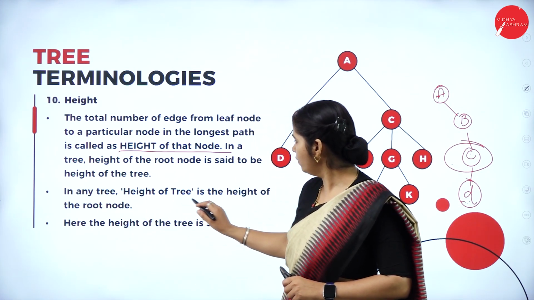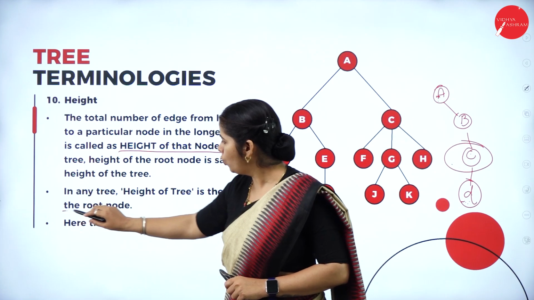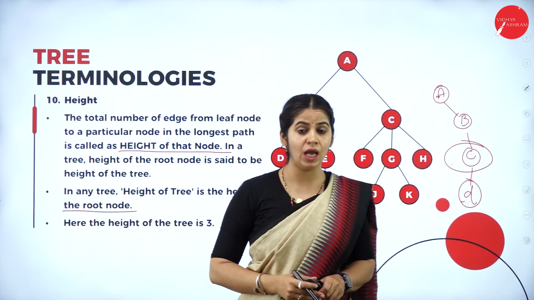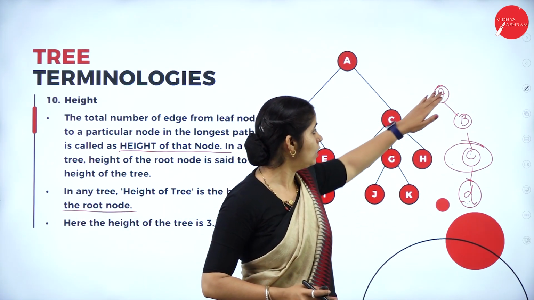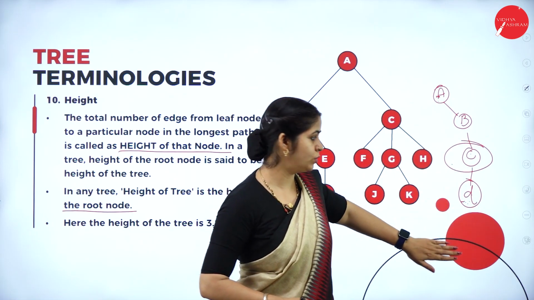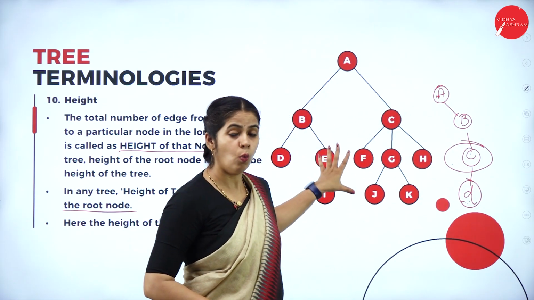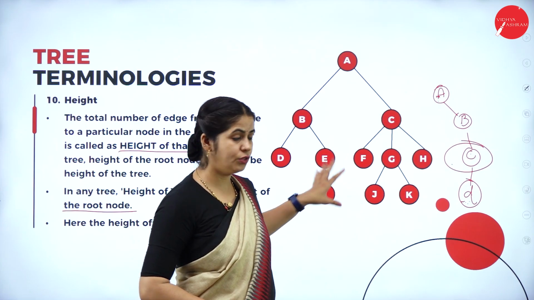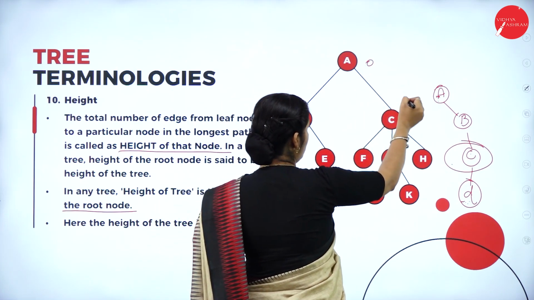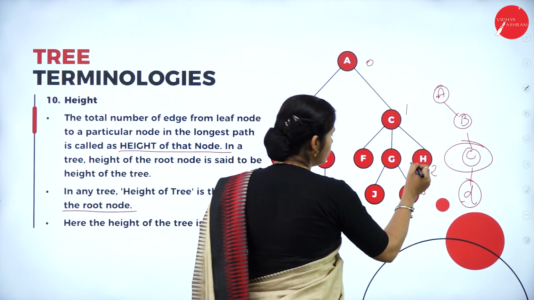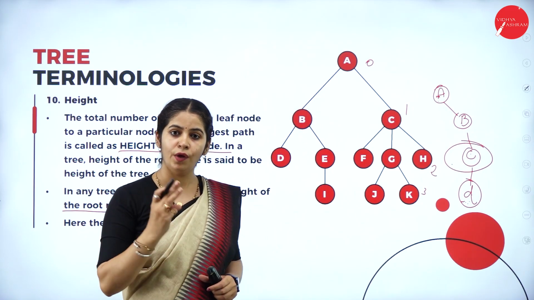In any tree, the height of the tree is the height of the root node. We always represent the height of the complete tree from the root node to the leaf node. So in this example, what is the height of the tree? We have 0, 1, 2 and 3. So the height of the tree is 3 here.